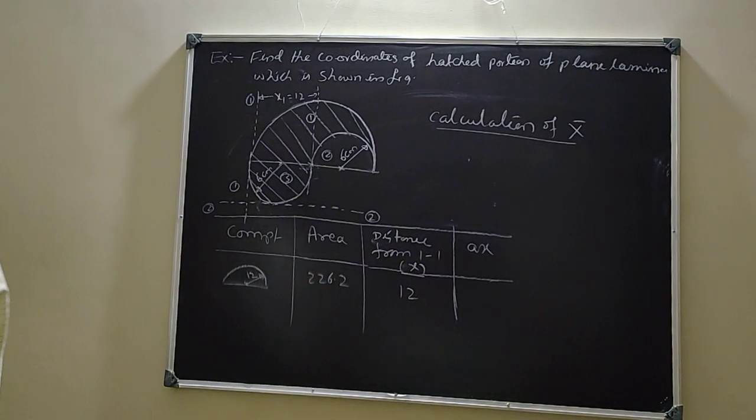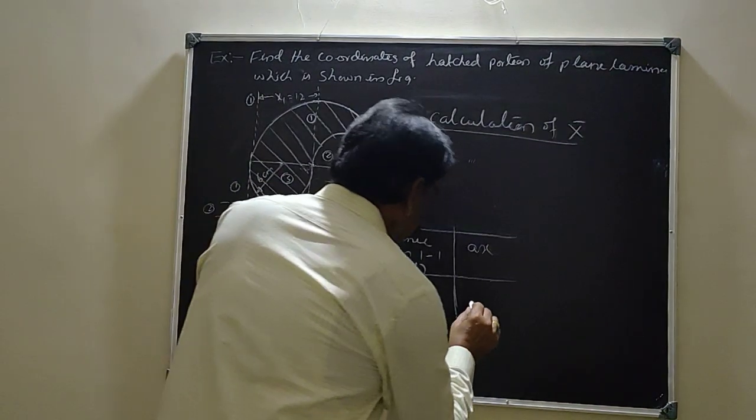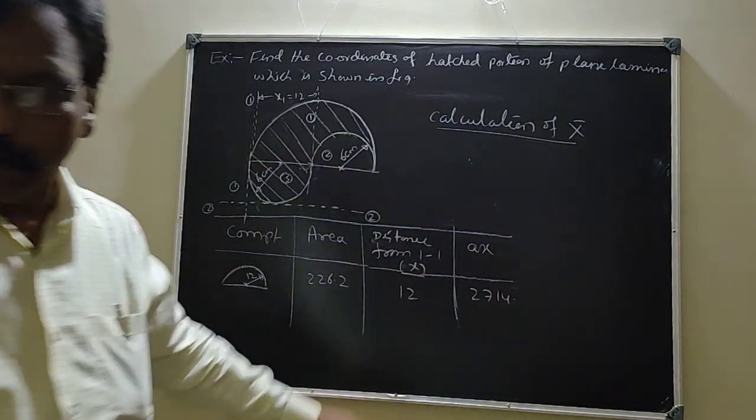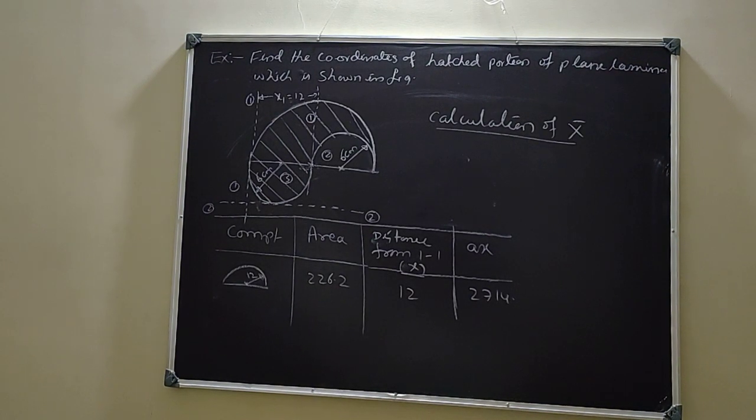And then the multiplication of that one will give 2714.4.